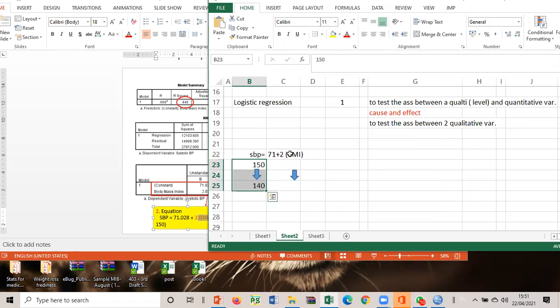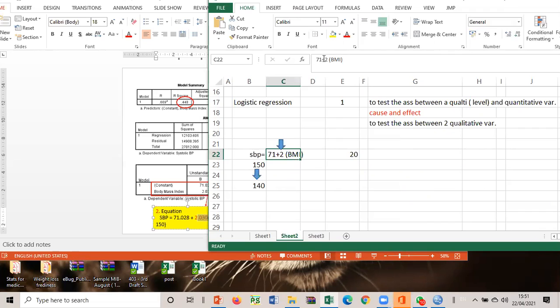How much must this BMI drop? BMI must drop by 20. 20 times the coefficient 2 is how much? 40.